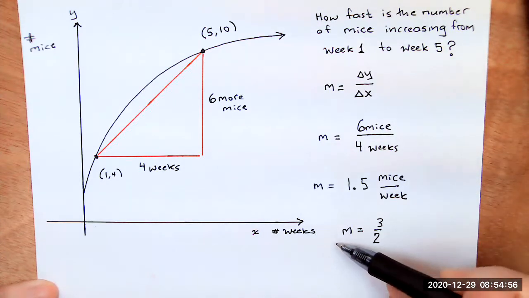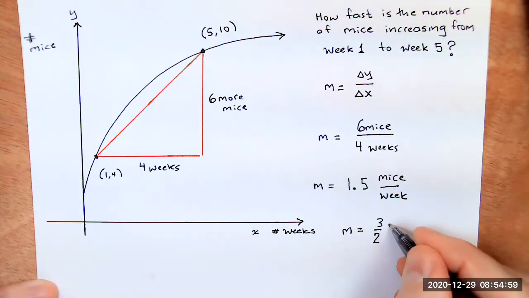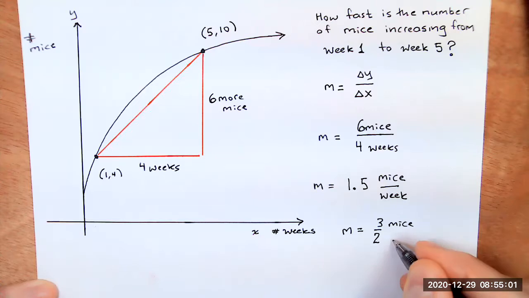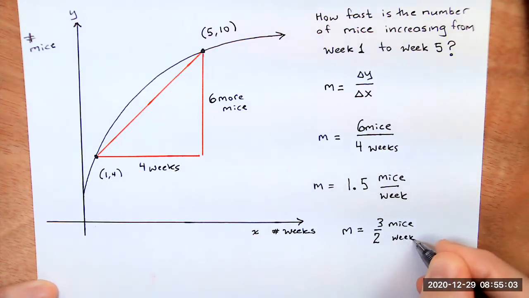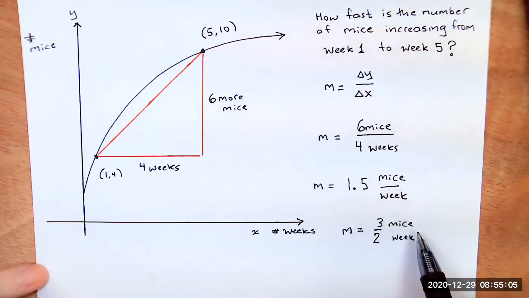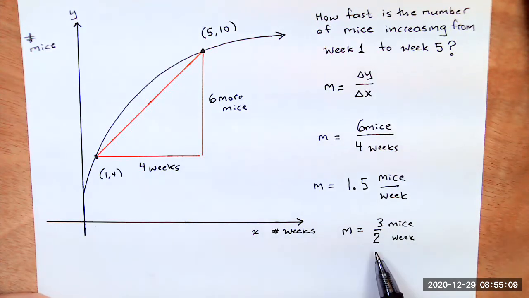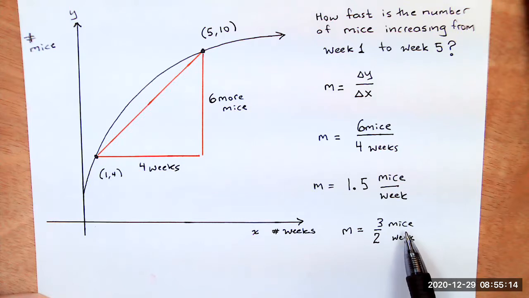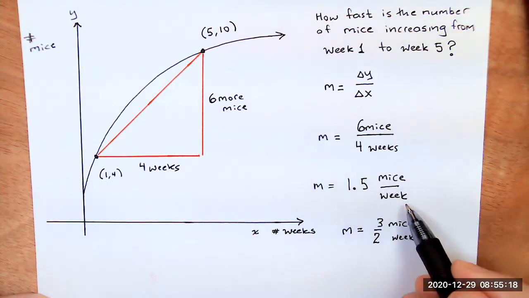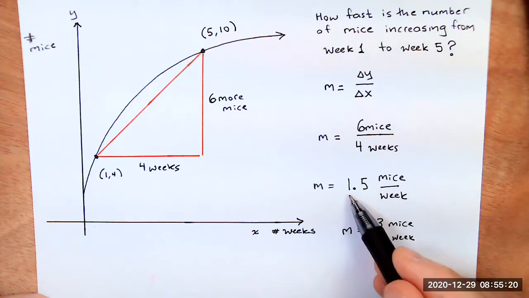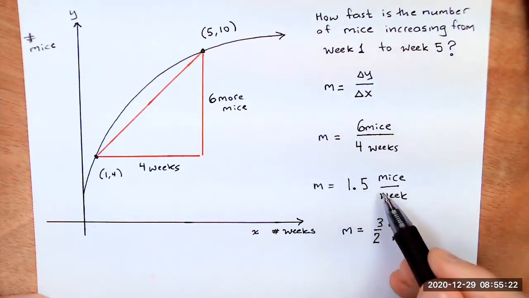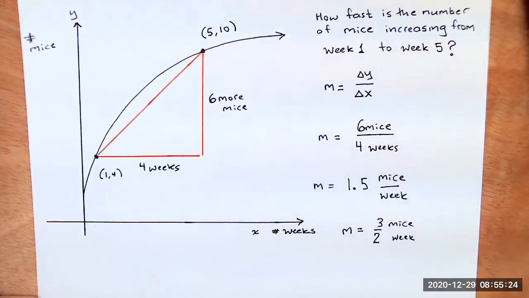Now, sometimes you want to leave that slope in a fraction because this can be easier to write a sentence to talk about the meaning. So this means that every 2 weeks, we get 3 more mice. You could talk about it this way: every week you get 1.5 more mice. That doesn't sound quite as nice. So let's write down this sentence.